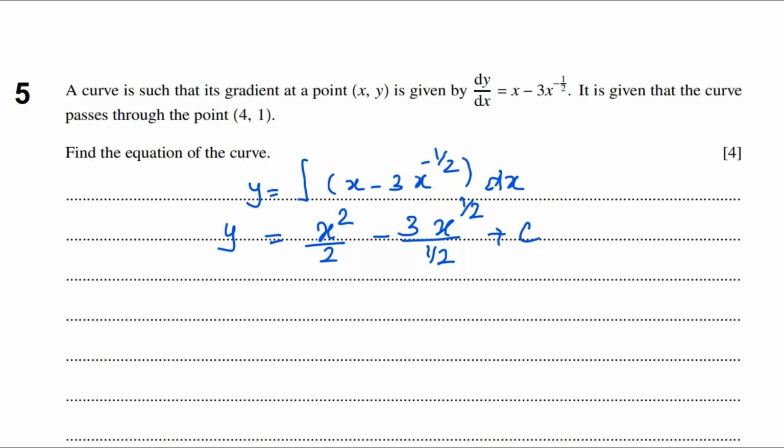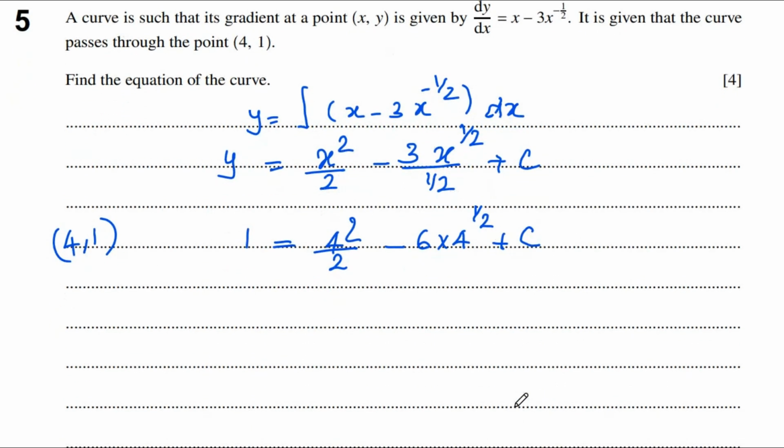And it's given the curve passes through the point 4 comma 1. So this satisfies the equation. So y is 1, x is 4. 4 square over 2 minus 3 divided by half will give 6 multiplied by 4 power 1 over 2 plus c. Let's find the value of the constant c.